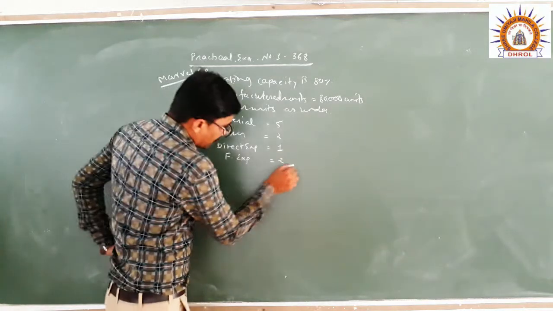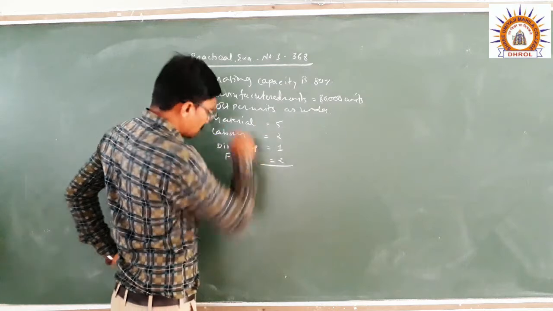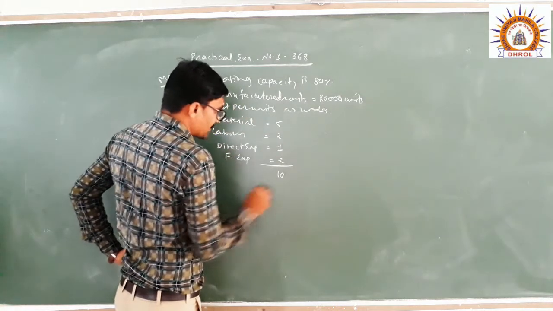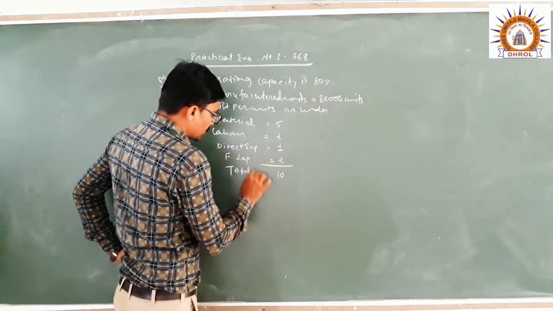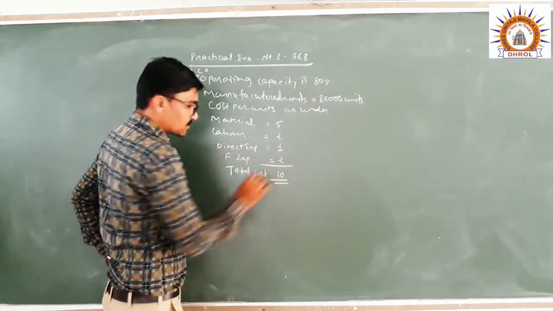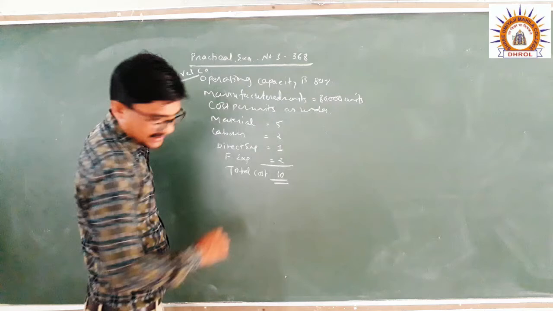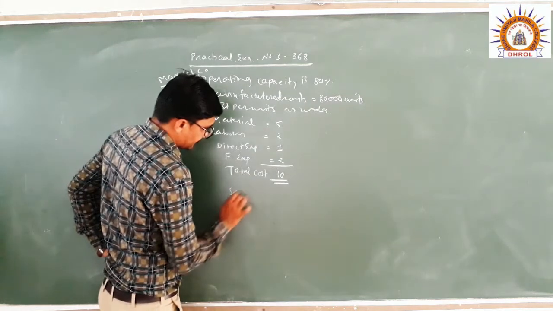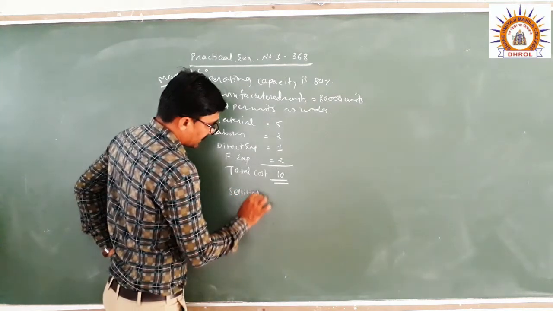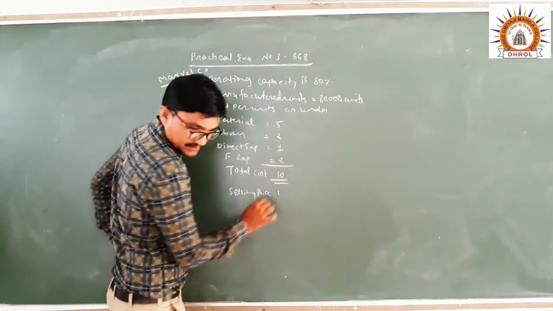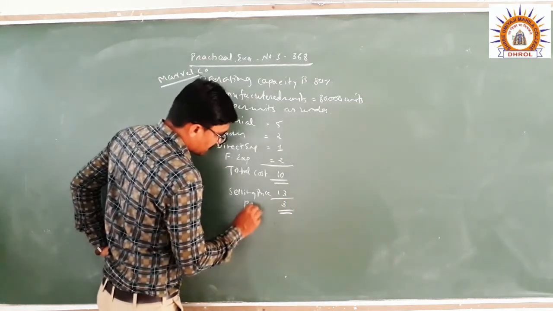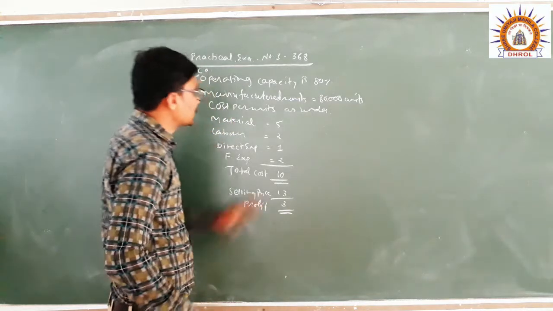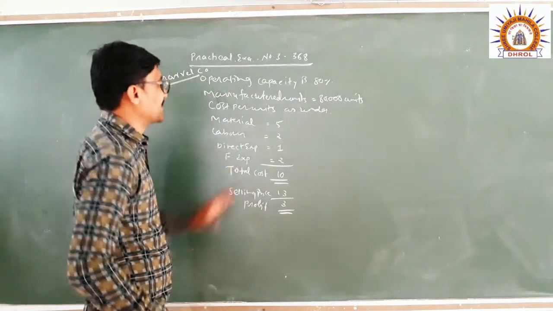Make it total, all the things is rupees 10, and this cost is known as total cost. Then selling price is rupees 13, and the difference of 3 is profit, right? So the data is given like that.